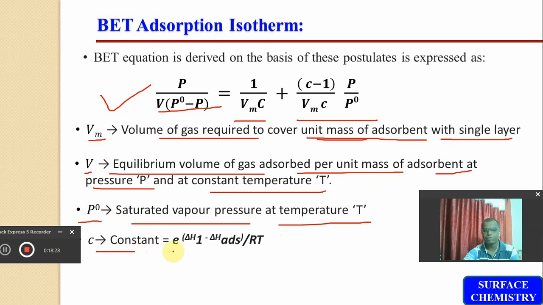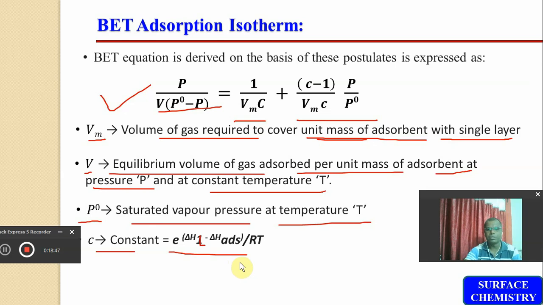It will be equal to e raised to (delta H1 minus delta H), that is the heat of adsorption minus the latent heat, divided by R into T.